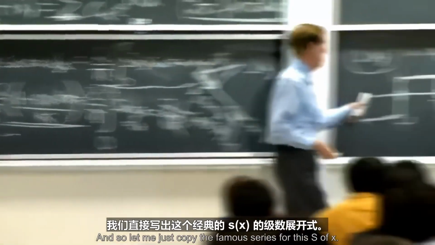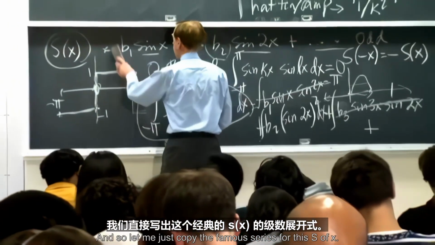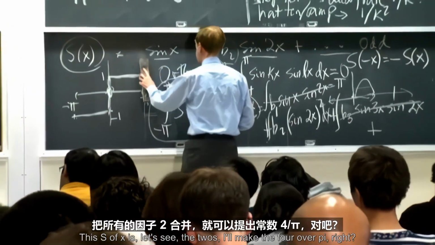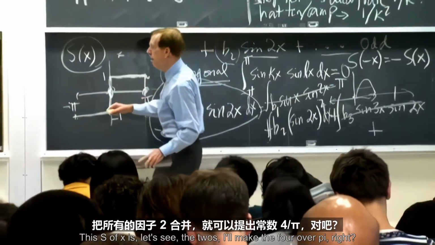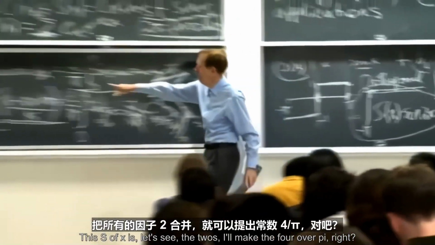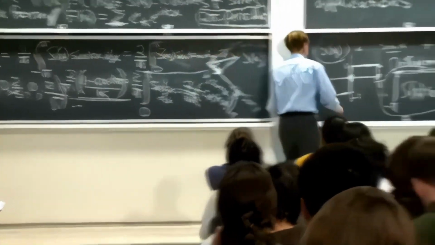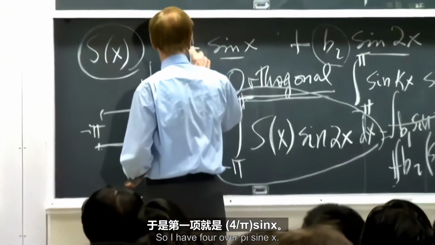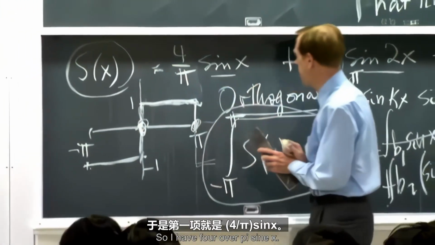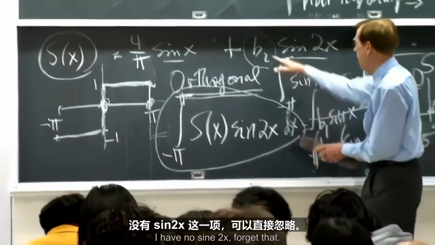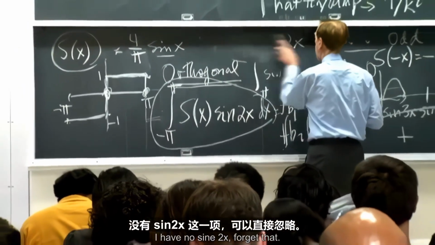And so let me just copy the famous series for this s of x. The 2's, I'll make the 4 over pi, right? I'll take out all those 2's. So I have 4 over pi sine x. I have no sine 2x, forget that.